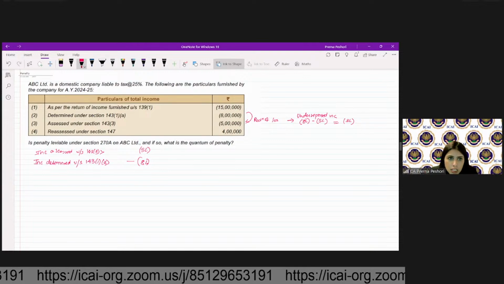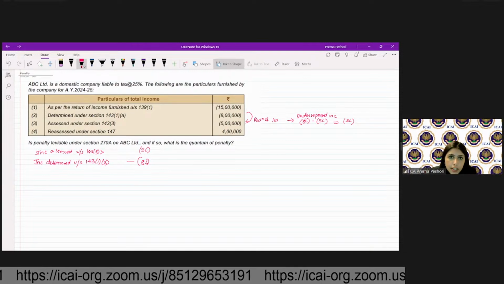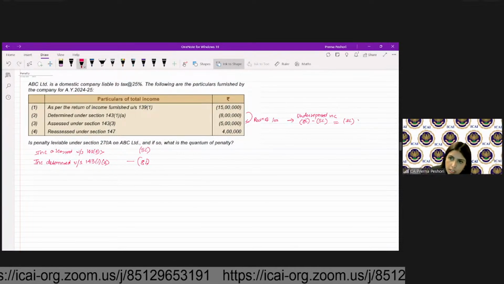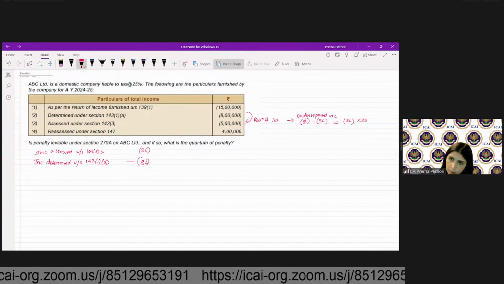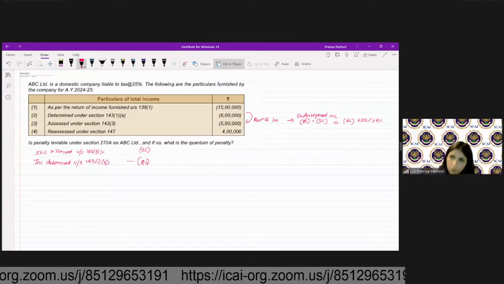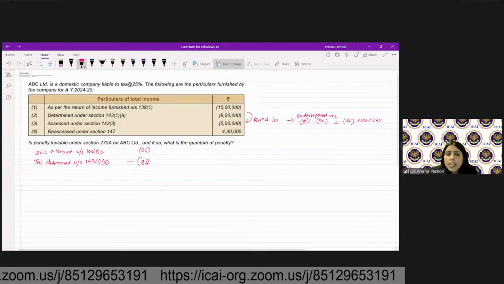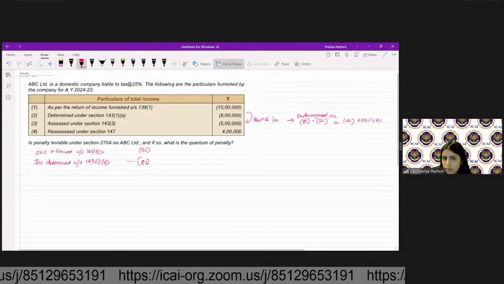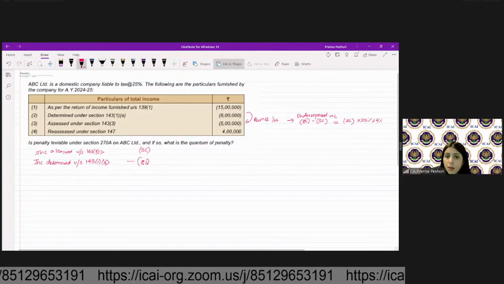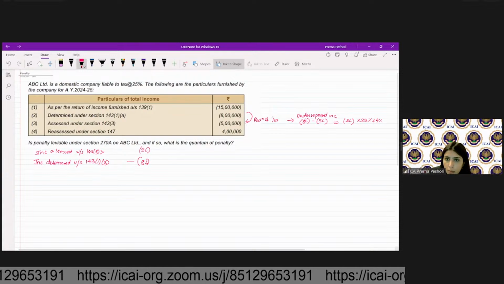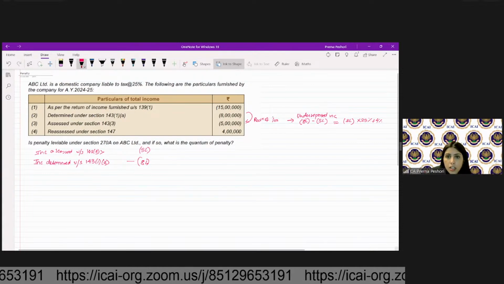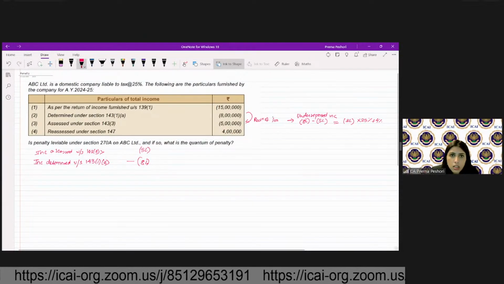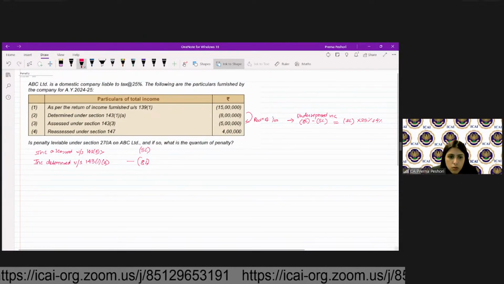But the tax on this shall be calculated as if the loss is deemed to be the total income. So on this, 25% plus cess of 4%. This will be my tax on the underreported income. Fine. So this will come to how much?